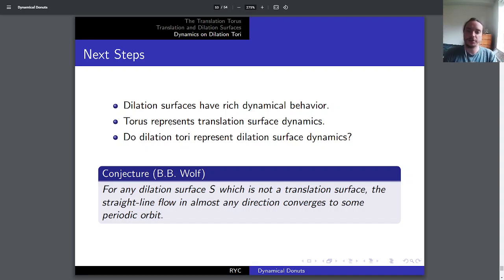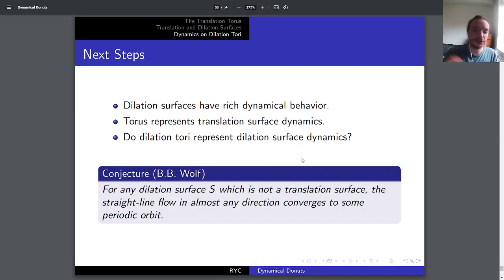Okay, so we've seen that dilation surfaces have crazy new dynamical behaviors, but what we do know is that for the translation surfaces, the torus is very representative of the dynamics on a general translation surface. That's what the Kirchhoff-Maser-Smiley theorem says. So then the question becomes, is it also true that dilation tori are representative of the dynamics on a general dilation surface?